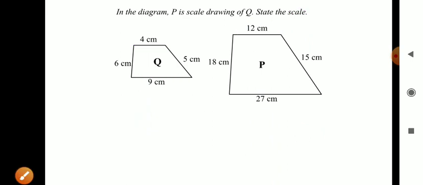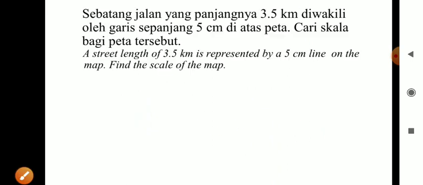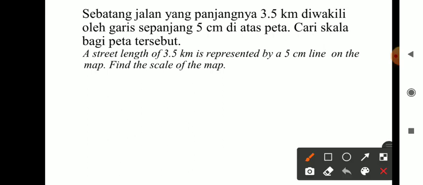Before this we discuss your homework. Okay, a street length of 3.5 km is represented by a 5 cm line on a map. Find the scale of the map. Apa dia cakap? Okay, you can see one is 3.5 km, one is 5 cm.